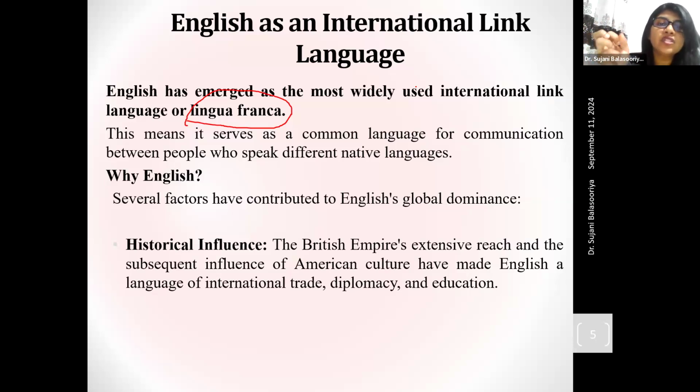We can use the English language as a common language, which means wherever we go in this world, to whatever country we travel, we can use English as a common language. Even if we do not know the language of that particular country, still, if we use English, we can communicate wherever we go. That's the simple idea behind this term, lingua franca.